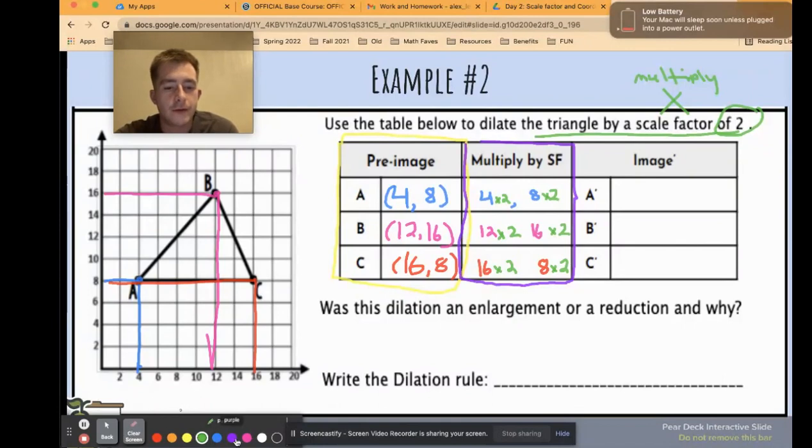All right. Our 2 minutes are up. Let's see what answers we got here. When I multiply both of these by 2, the new image should be 8, comma 16 for point A. For point B, you should get 24 and 32.